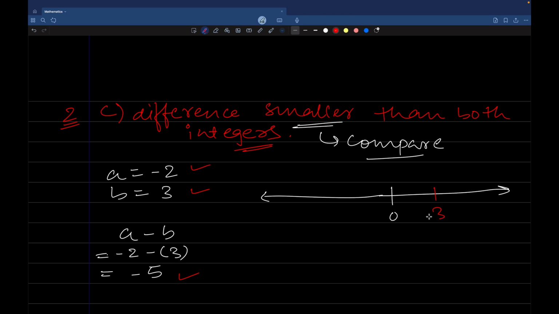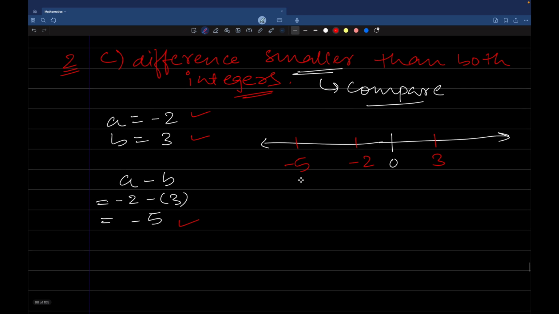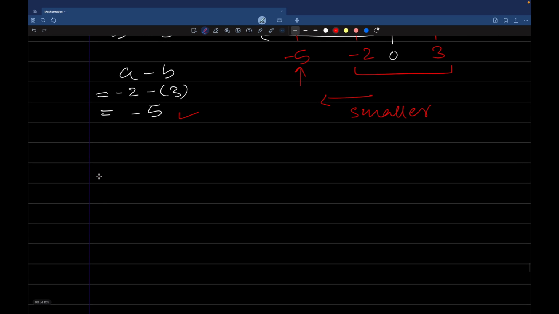We have 3 on the right side, -2 on the left side, and -5 on the left of -2. We have -5, which is smaller than both the integers. When we go on the left side of the number line, we get smaller numbers.